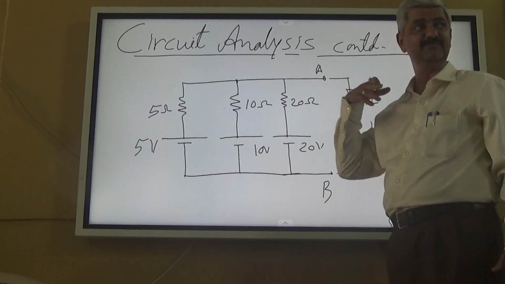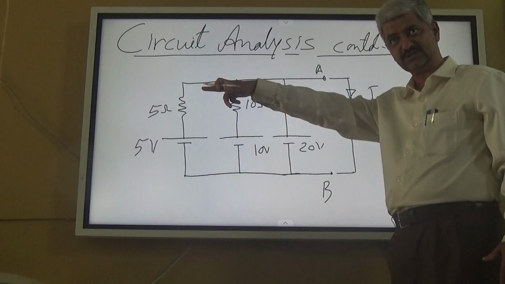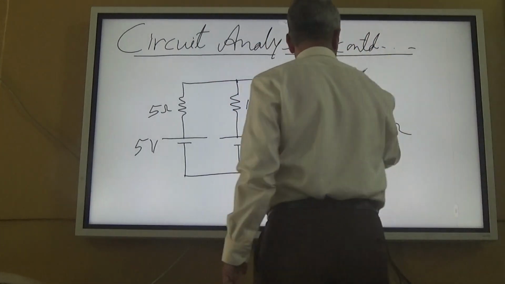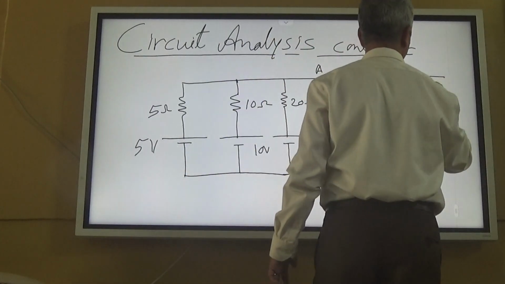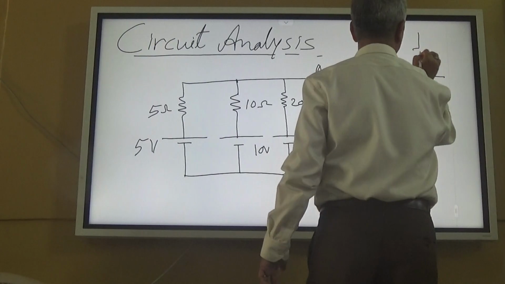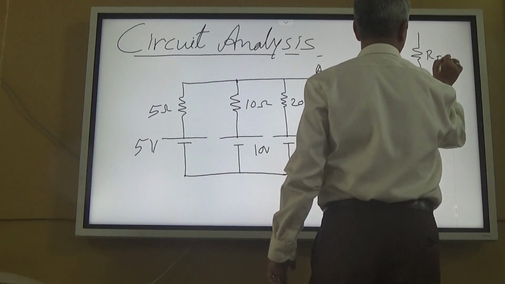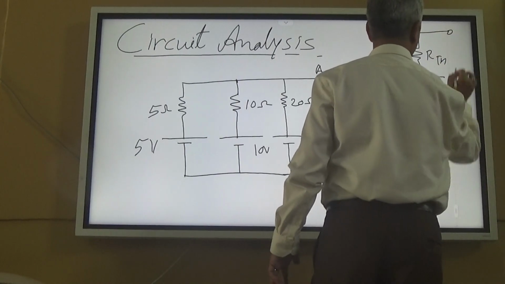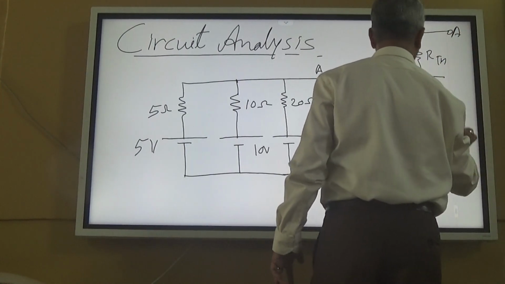Then what must I see? An equivalent voltage source in series with an equivalent resistor. So this circuit should reduce to this: RTH, VTH, and A and B.